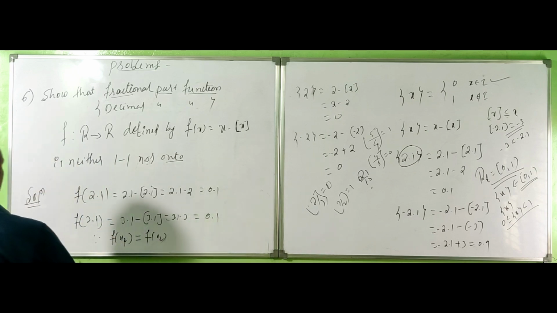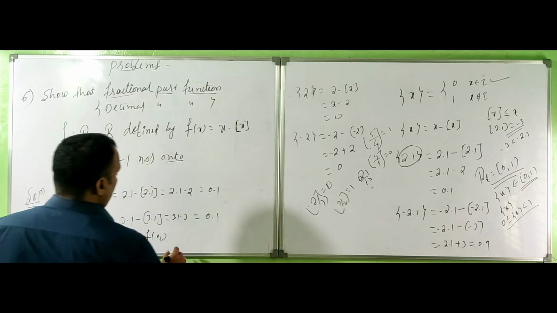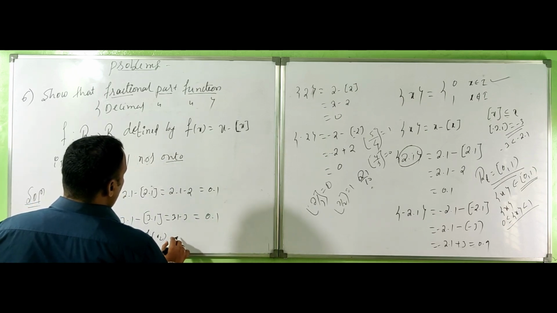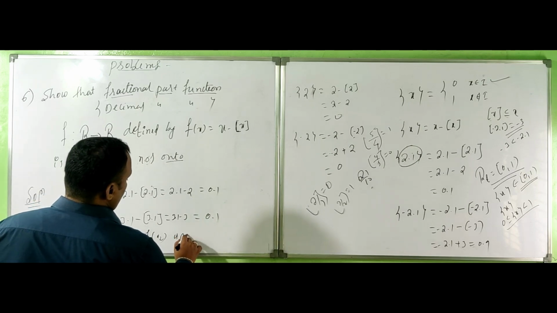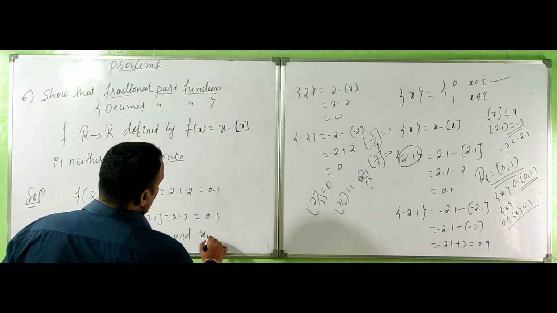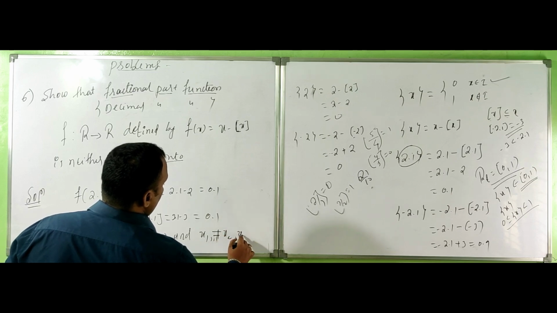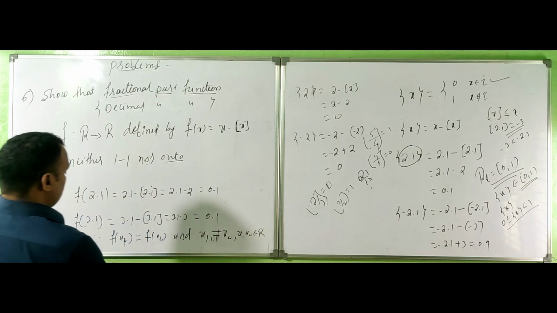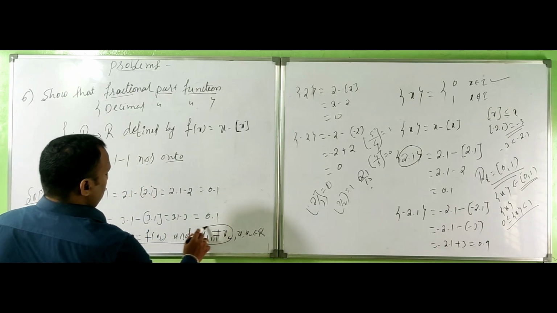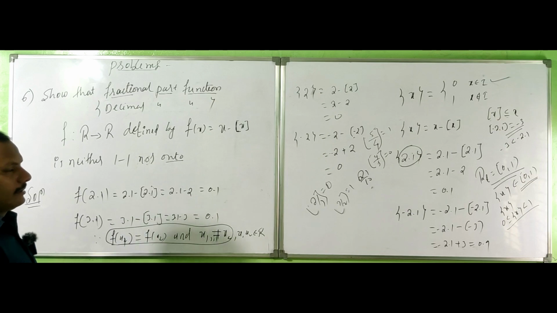And x1 is not equal to x2, where x1 and x2 belong to R. This is the many-one function.